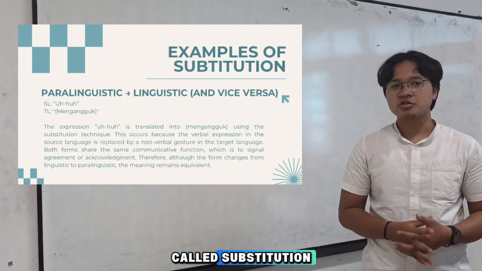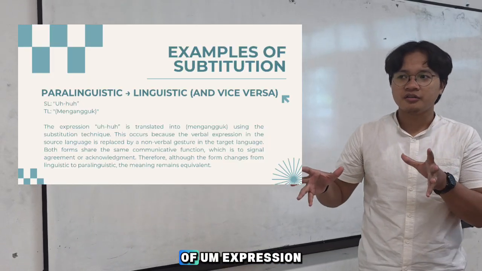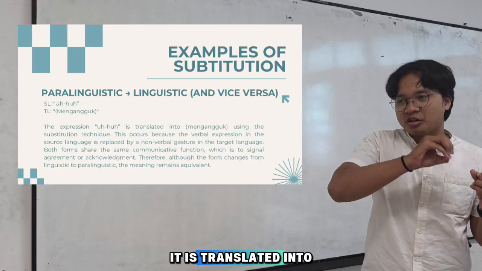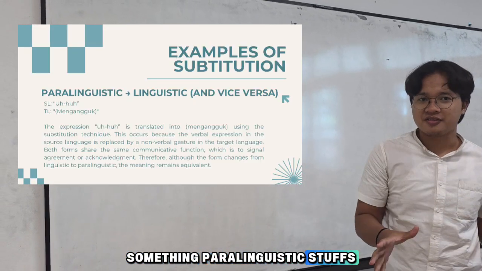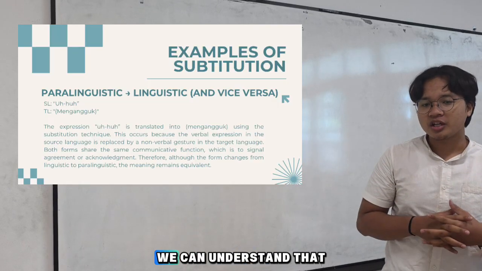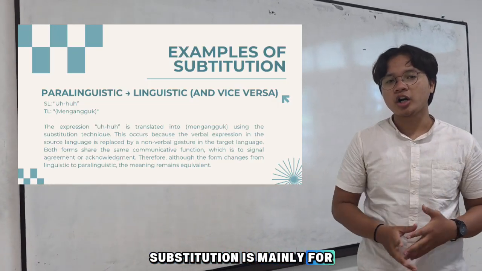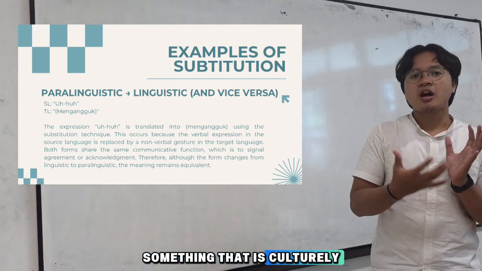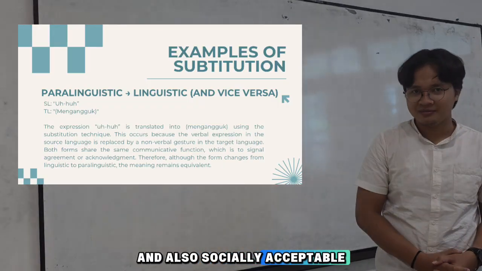That's called substitution, which means that in the source language it is some kind of expression, and in the target language it is translated into something paralinguistic. Here we can understand that substitution is mainly for translating a word into something that is culturally and socially acceptable.